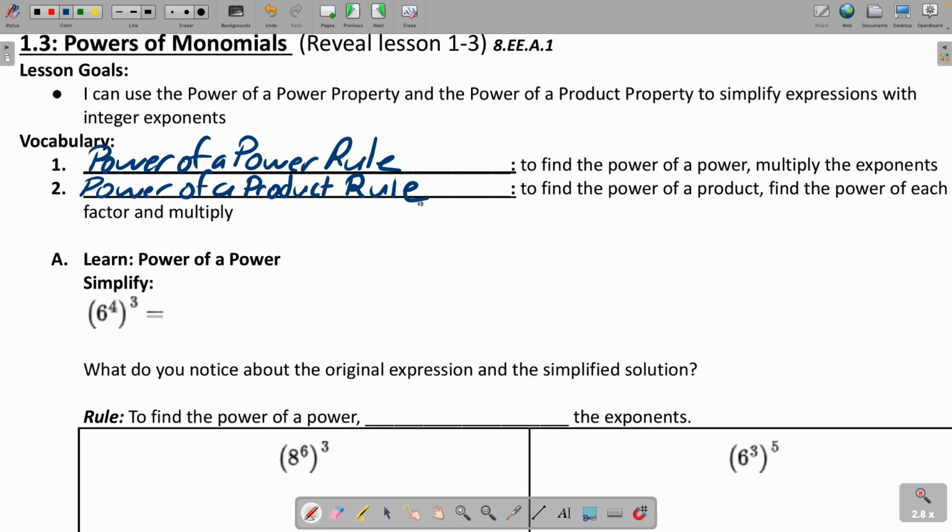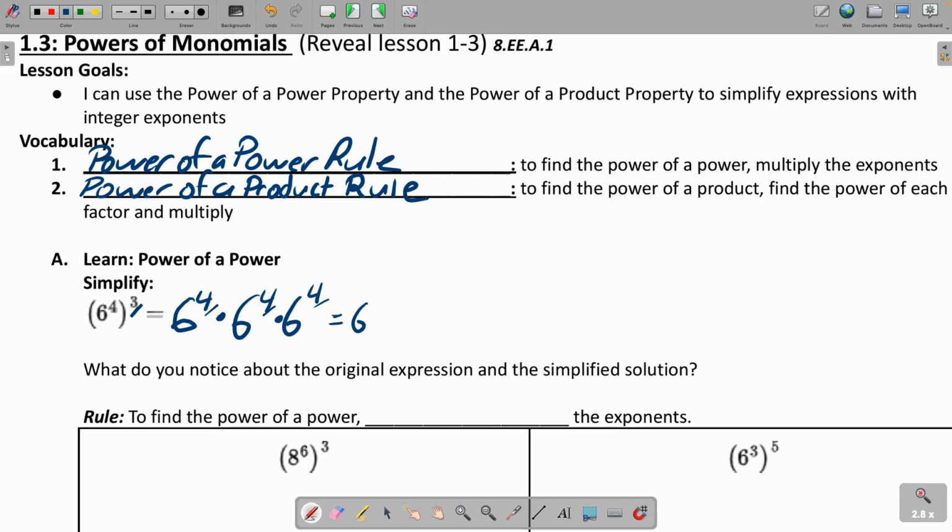So here it says learn. Simplify 6 to the 4th power cubed. So when we talk about exponents, they tell you how many times to write things. So here with our exponent of 3, it's telling us to write 6 to the 4th 3 times. But then all 3 of these have a power of 4, which means I would need to write each of those 6 four times.